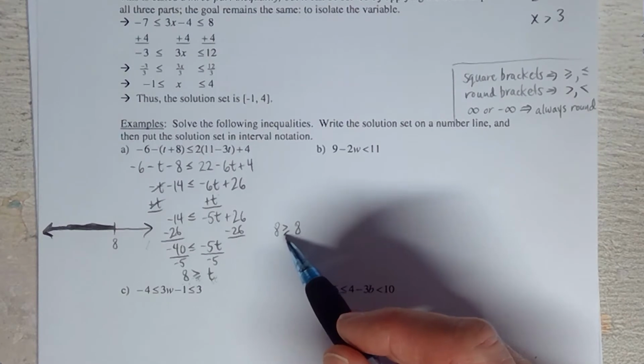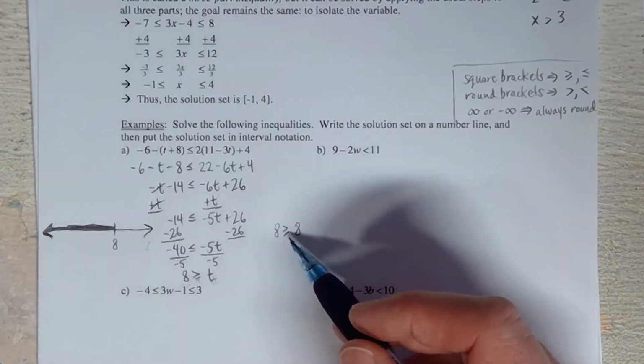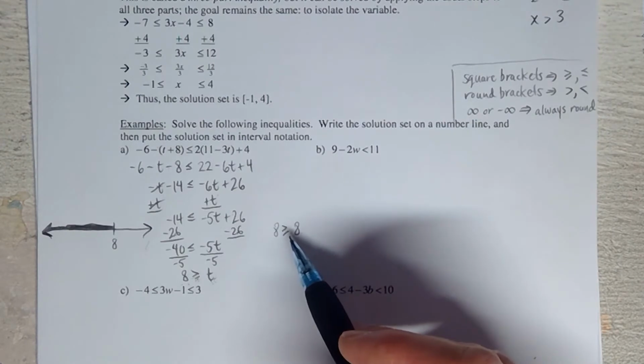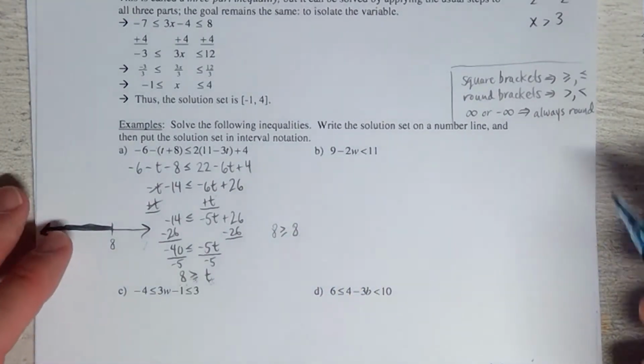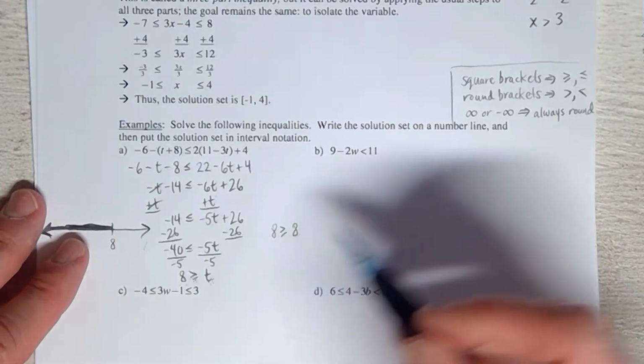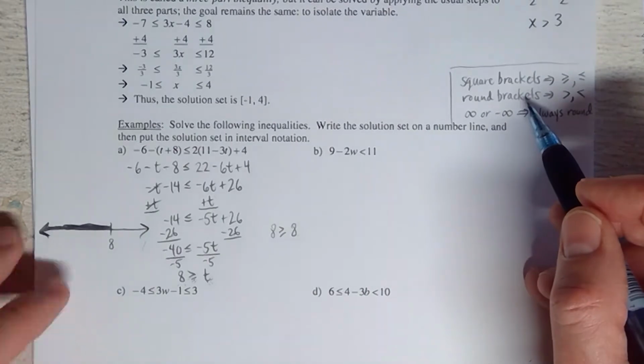So when it has that equal to part there, which I like to call alligator feet, the feet of the alligator underneath his mouth, then this is going to be true, and square brackets indicate that it's true. Round brackets are for when it's false.